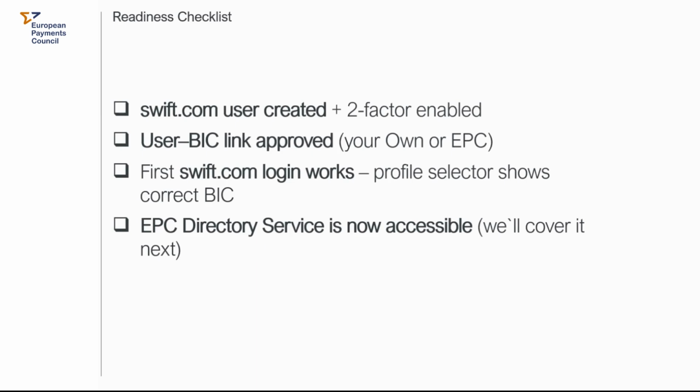Did you successfully log in into your Swift.com account? Is your profile selector showing the correct BIC? Lastly, the EPC directory service should now be accessible. And next, we will cover how to walk through the graphical user interface.